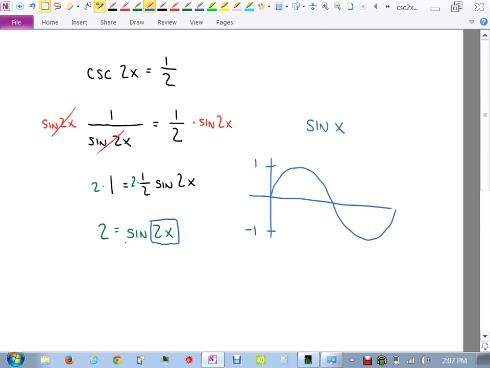So if I have sine of something, and it really doesn't matter what it is, I know that the answer has to be between -1 and 1. But it's saying, trying to figure out where it's 2. It's not ever going to happen. Right? So there's no solution here. You could write this down. I mean, you don't need to write all this, but here's why. Because sine of 2x has got to be between -1 and 1.